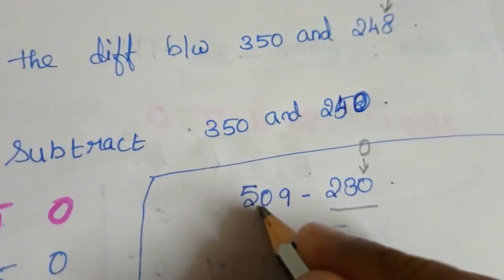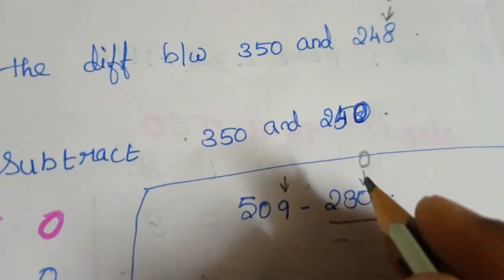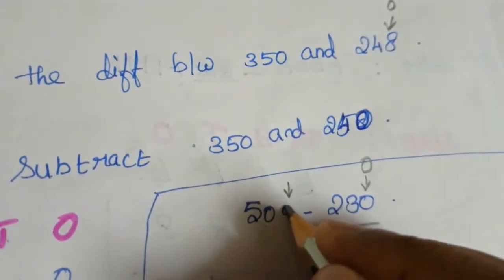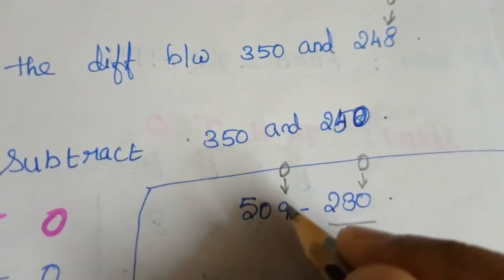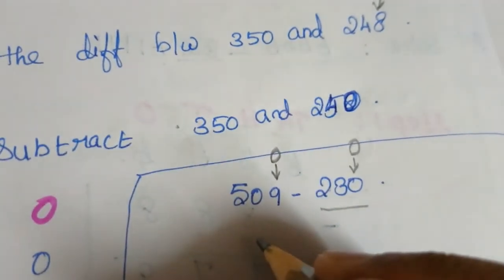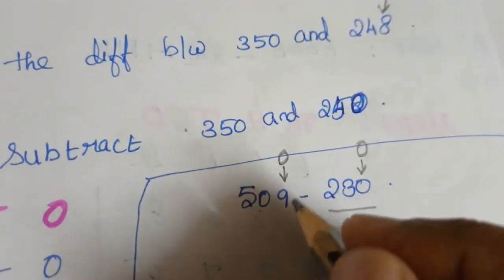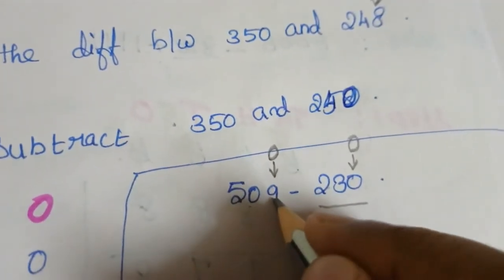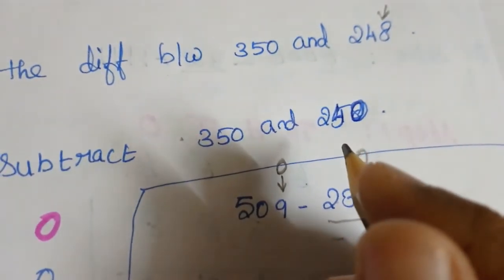But in this number the ones place value is 9, so we have to make it 0. So we have to find the close number. This 509 is close to 510.